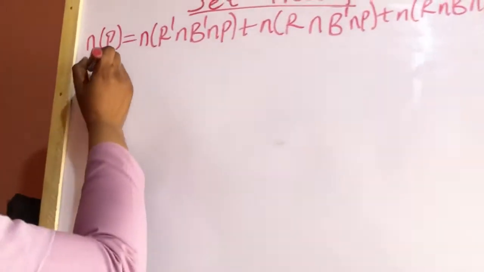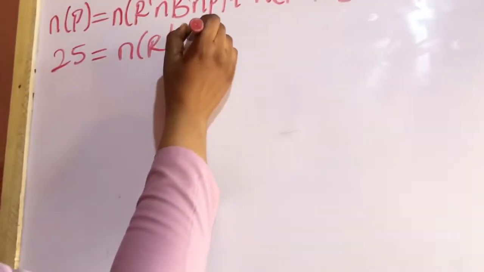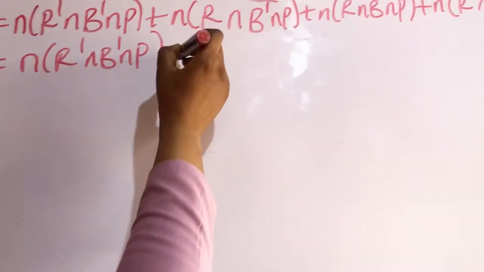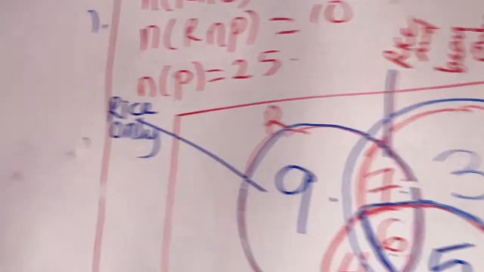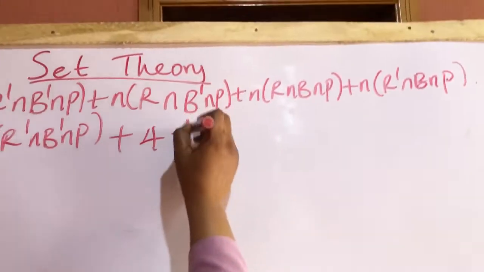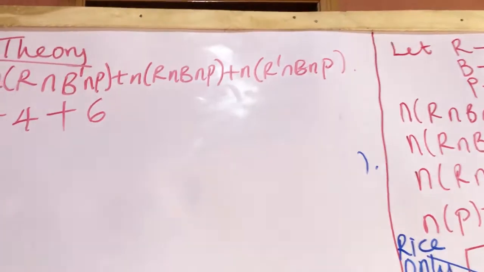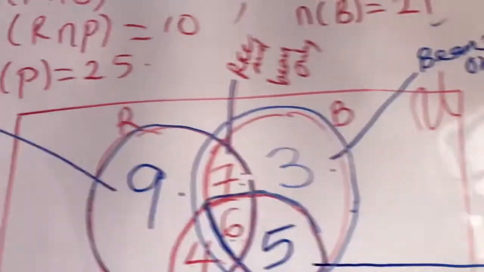So the cardinality of P was given to be 25. The cardinality of R prime intersect B prime intersect P, this one is plantain only, plus the cardinality of R intersect B prime intersect P, that is rice and plantain only, which is 4, plus those that like the 3 foods, that is 6, plus those that like beans and plantain only, which is 5.